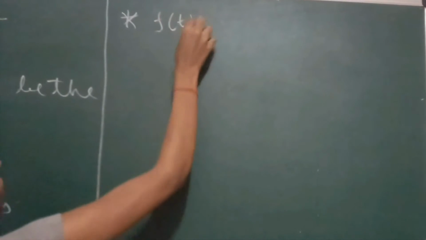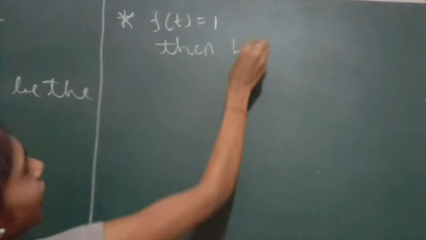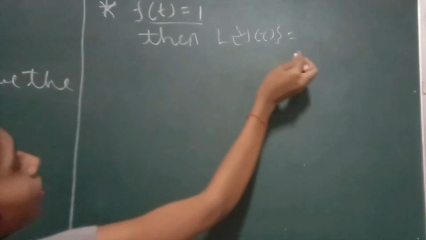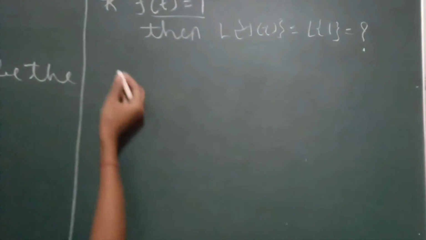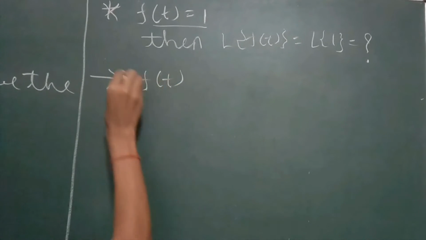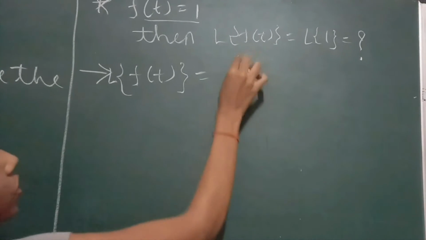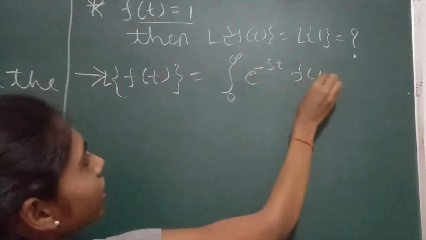Now we will show that if f of t is 1, then L of f of t, that means L of 1, is what? We know that L of f of t is equal to 0 to infinity e raised to minus st f of t dt.